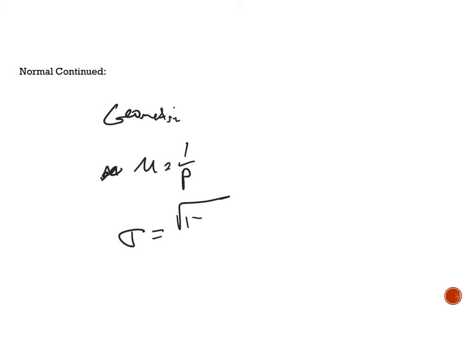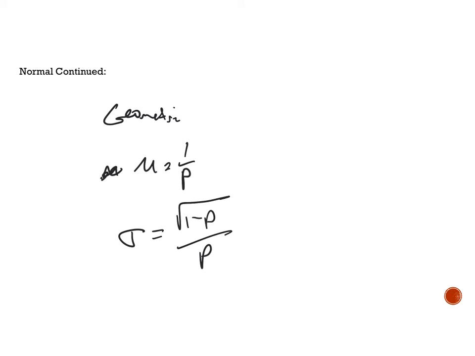The last thing I'll say on the normal is we could do the same thing with a geometric. Okay, a geometric just has a mu of 1 over p and a standard deviation of the root of 1 minus p over p, and we would do the same thing.